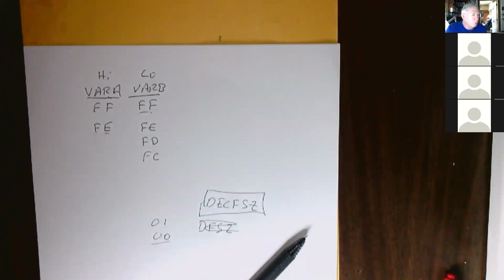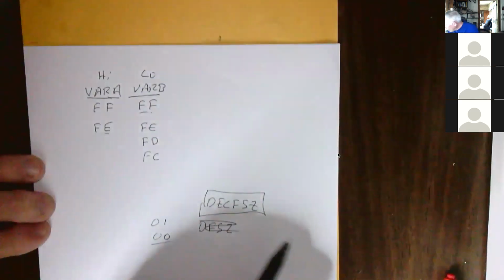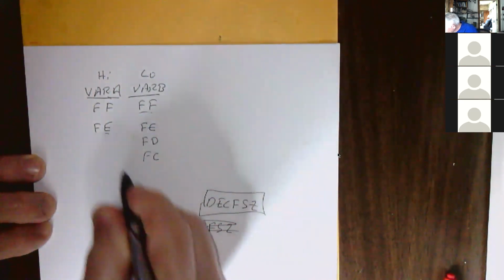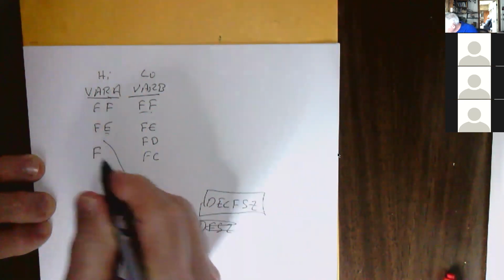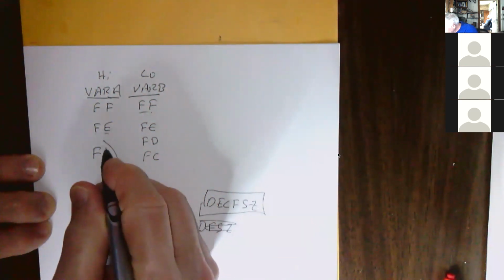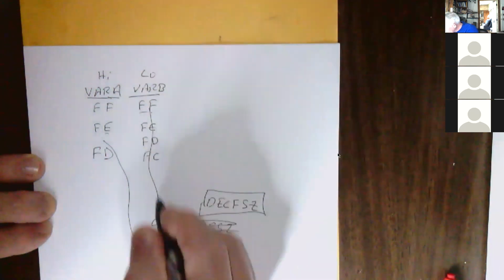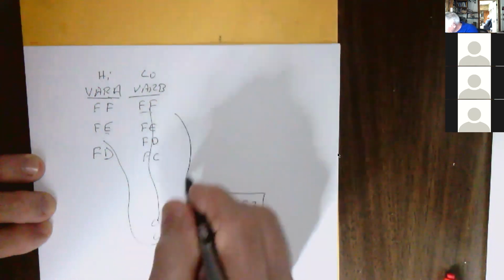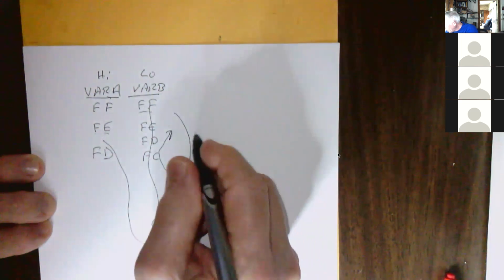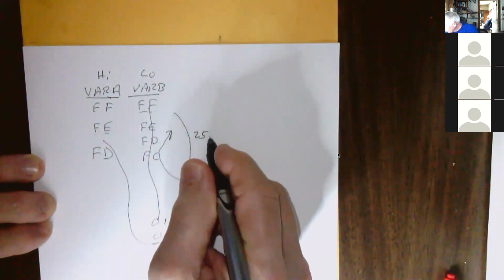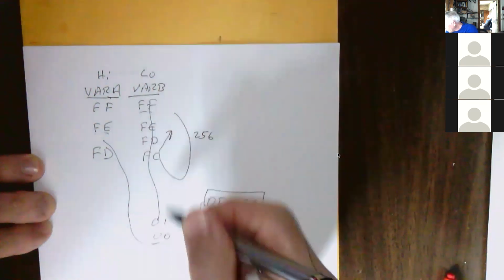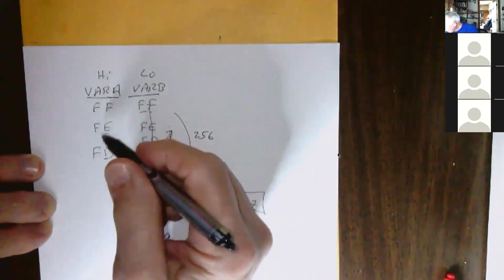But that's the idea. We're going to decrement, and then once this happens, we're going to go back here, decrement this one time to FD, and then we'll reset this to FF and do this all over. So we're going to do this loop essentially 256 times to go from FF to 0, and then we're going to decrement this.